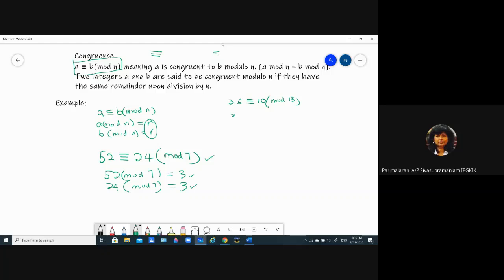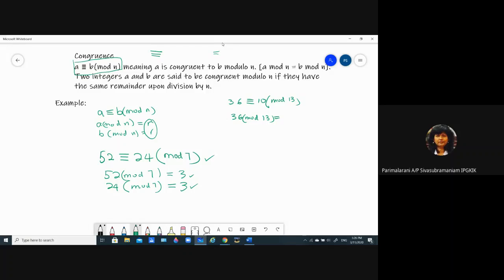Okay. 36 mod 13. How much is this? Ten. 13 times 2 is 26, 13 times 3 is 39.